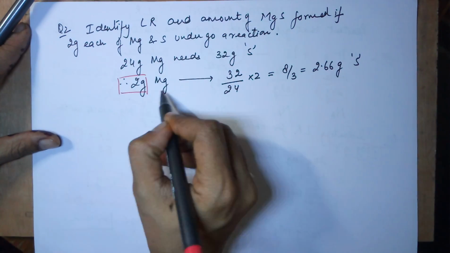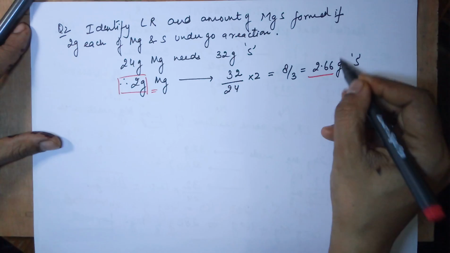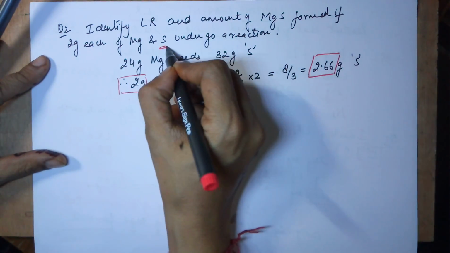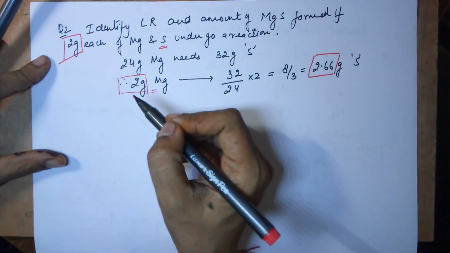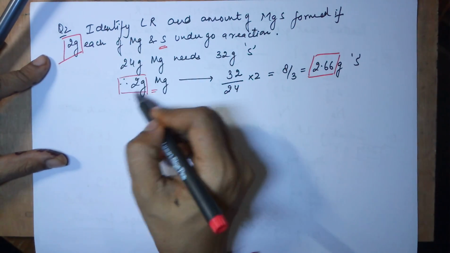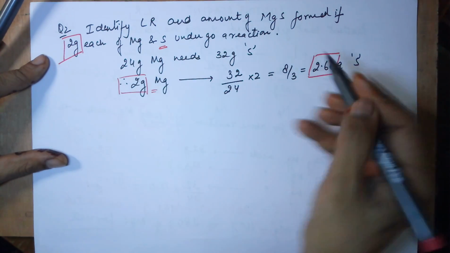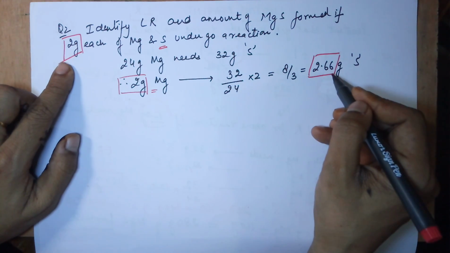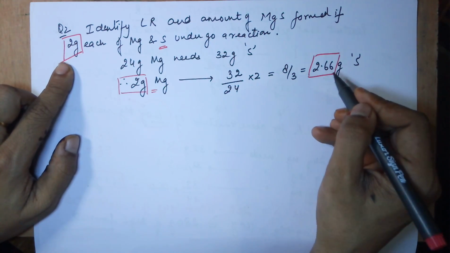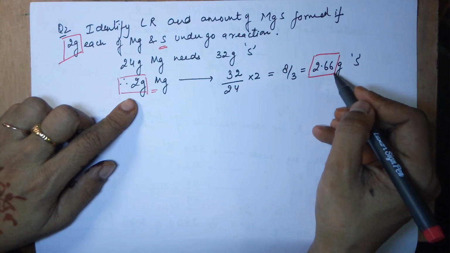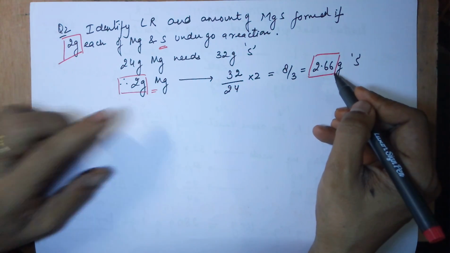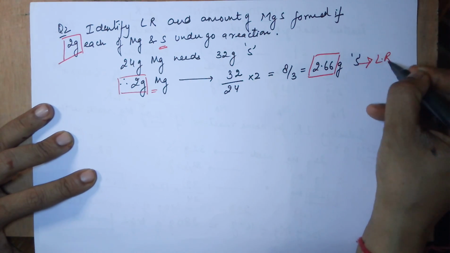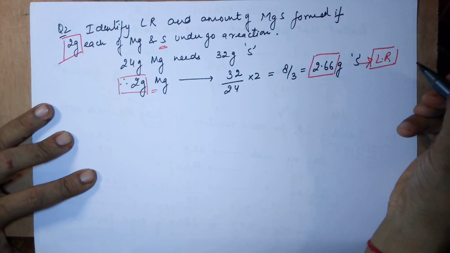For 2 grams of magnesium, the required amount of sulfur is 2.66. Do we have that much sulfur? No. The amount of sulfur that you have is only 2 grams, which means total amount of magnesium is not going to react, since your requirement is 2.66, which means magnesium will never completely undergo the reaction. Hence, magnesium cannot be your limiting reagent, which leads to the conclusion that sulfur is your limiting reagent.